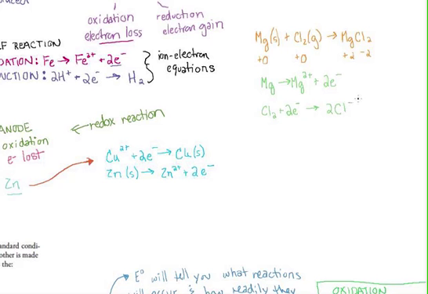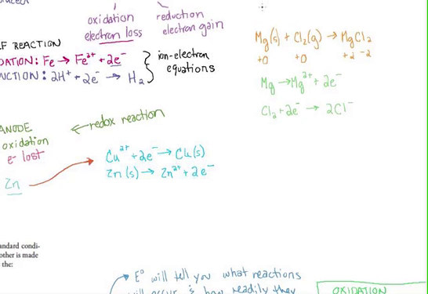Okay, so again, magnesium in this case, is it being reduced or is it being oxidized? Is it gaining electrons or is it losing electrons? That is absolutely right. It is losing electrons.